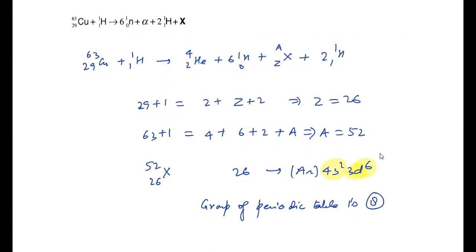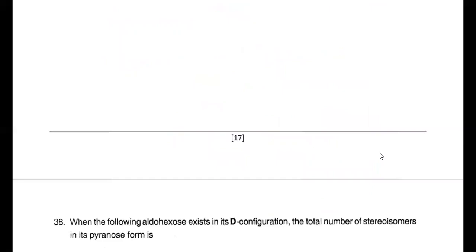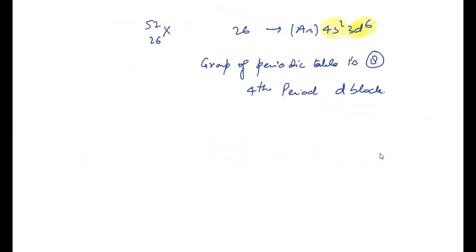So 4s2 3d6. Position in periodic table is group number 8, period number 4, D block element. The complete position we write, that one can also be given. It is 4th period, D block. Right? Then comes question number 38. Its answer will be 8 over here.